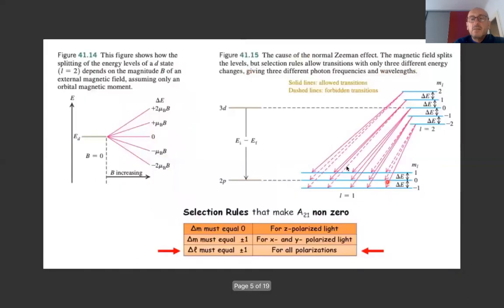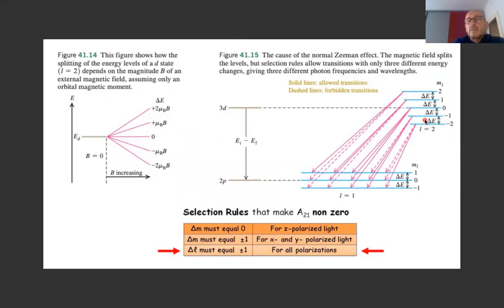So this is the meaning of this graph. I'm going from the 3D state to the 2P state in case we have a magnetic field present on the system. So I'm applying a magnetic field.